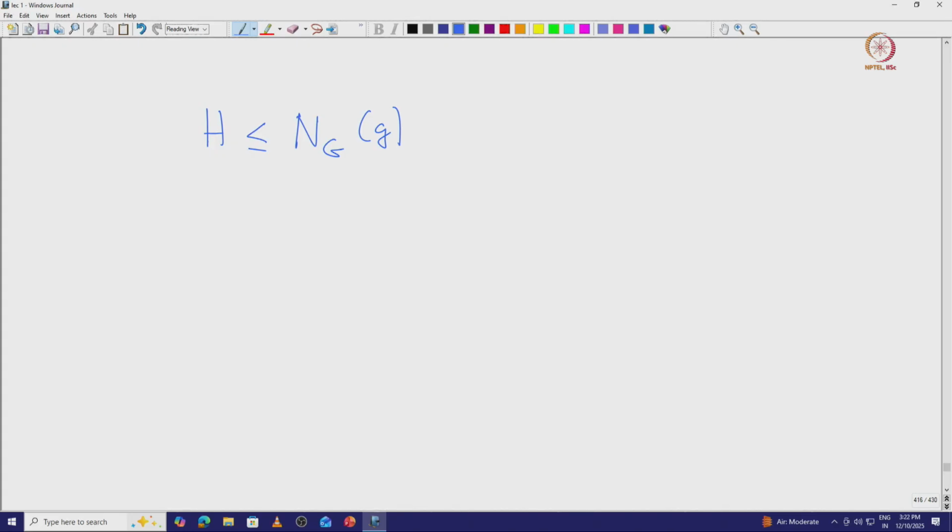We can easily see what the order of the quotient G modulo N_G(g) will be. The order of this is going to be the order of G divided by the order of N_G(g).